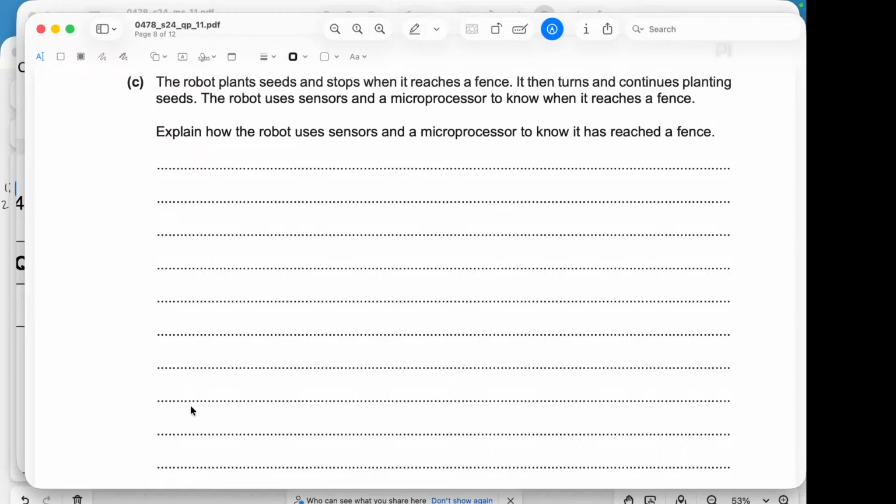And this kind of goes back to the automated systems that we did in the live lessons not so long ago, where we've got a microprocessor and sensors. Obviously, because it does say that.